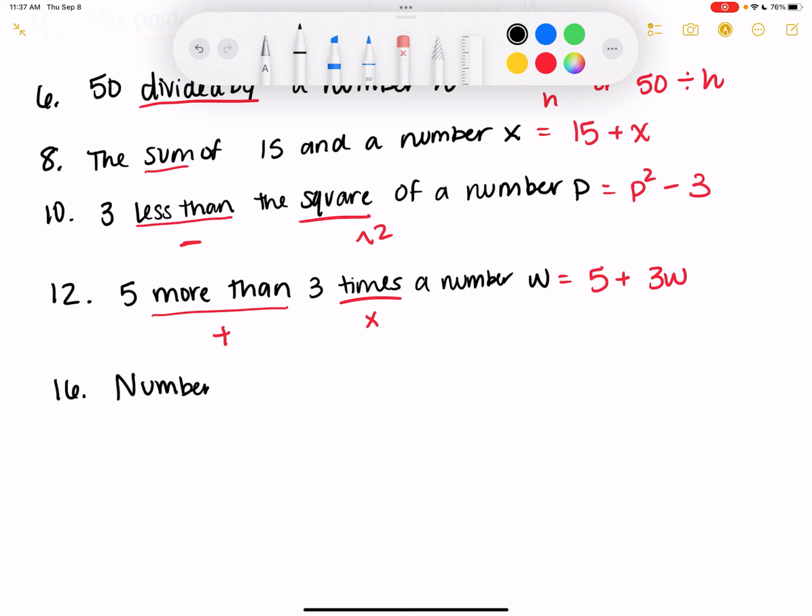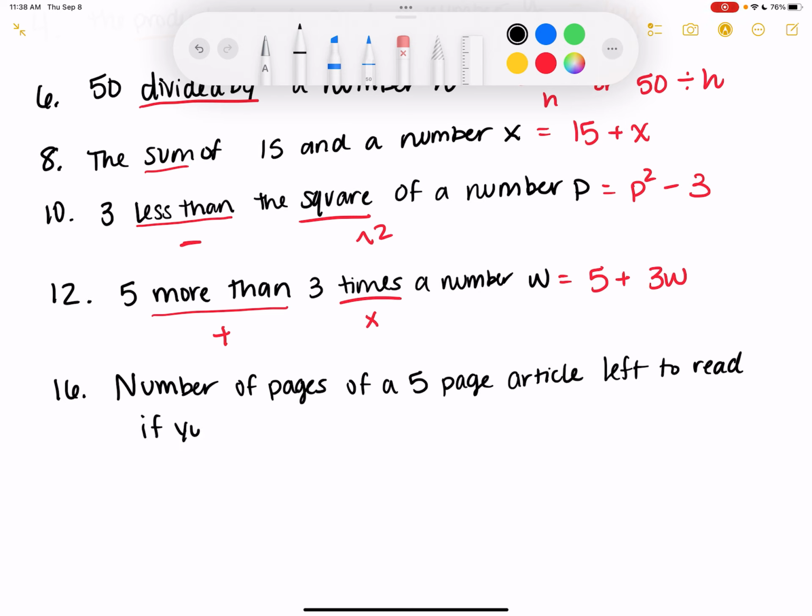So this one is the number of pages of a 5-page article left to read if you've read p pages.